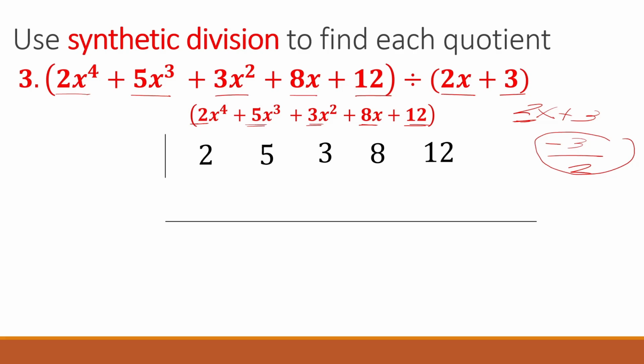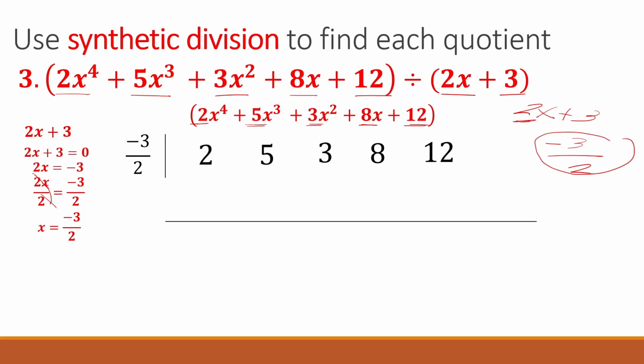If we use the right method, we equate 2x plus 3 to 0. Then you transpose positive 3 to the other side, so that is negative 3. Divide both sides by 2, so the 2 cancels, and we have x is equal to negative 3 over 2. So the synthetic divisor is negative 3 over 2.